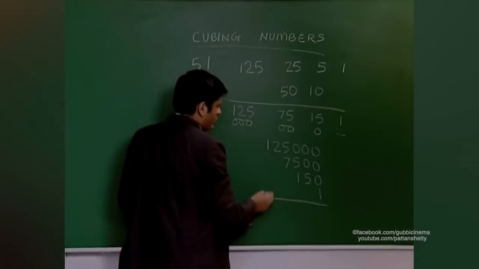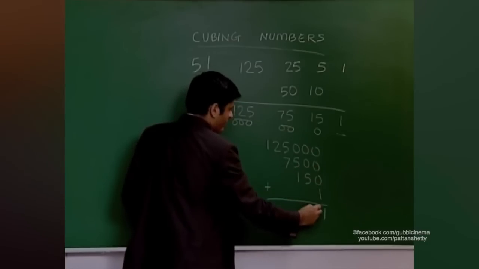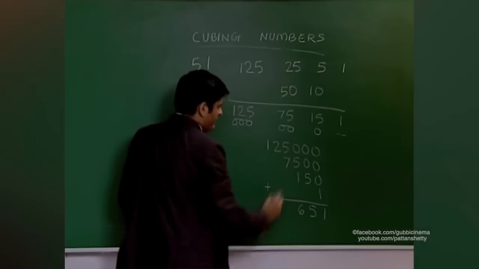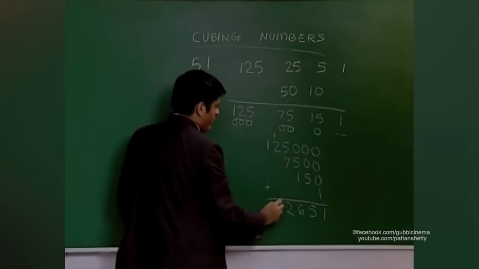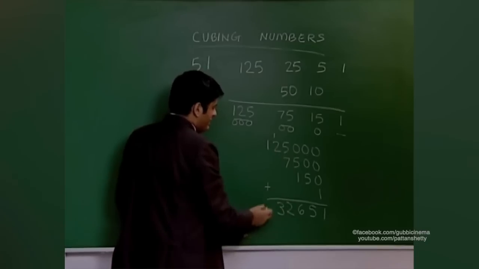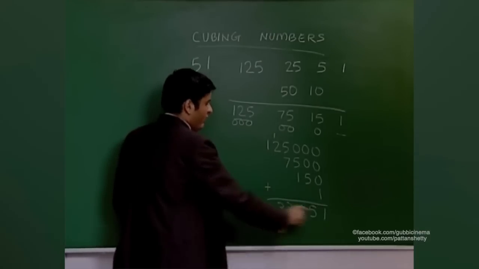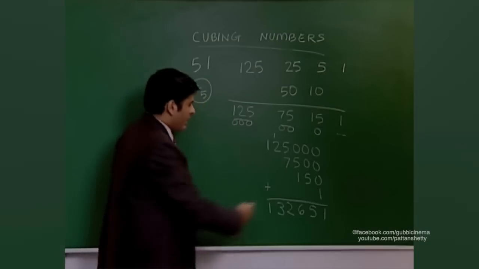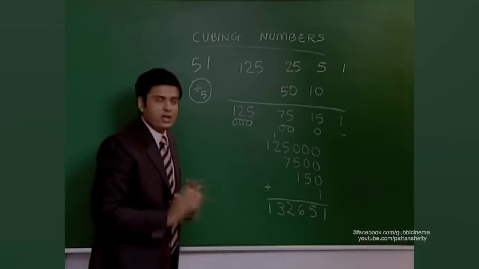My final total is 1, 0 plus 0 plus 5 is 5, 5 plus 1 is 6, 5 and 7 is 12, I write 2, carry over 1, 2 plus 1 is 3, 1 comes down as 1. My final answer is 132651. When I find the cube of 51, my answer is 132,651.